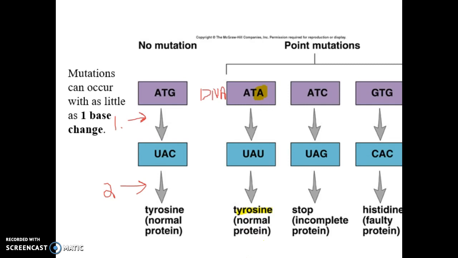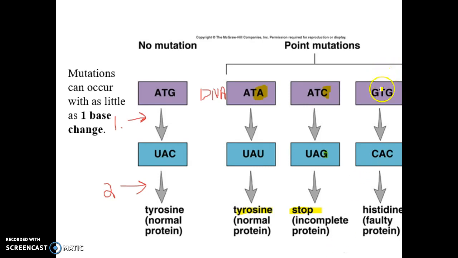You still get tyrosine. But if you go ATC in the DNA strand, now you have UAG, and we actually have a stop codon. Uh-oh. So now your protein chain is done. Instead of maybe 7 amino acids, maybe it's only 3. That screws it up. Change the shape, change the function.